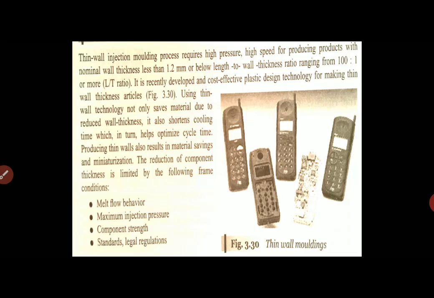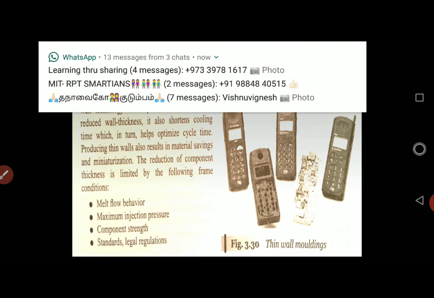It is a recently developed and cost effective plastic design technology for making thin walled articles, as shown in the figure. Nowadays, mobile phones are prepared using thin wall technology.